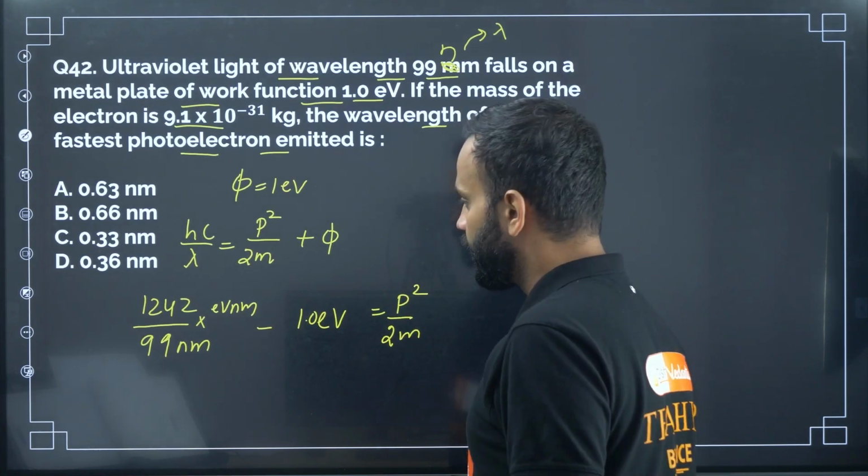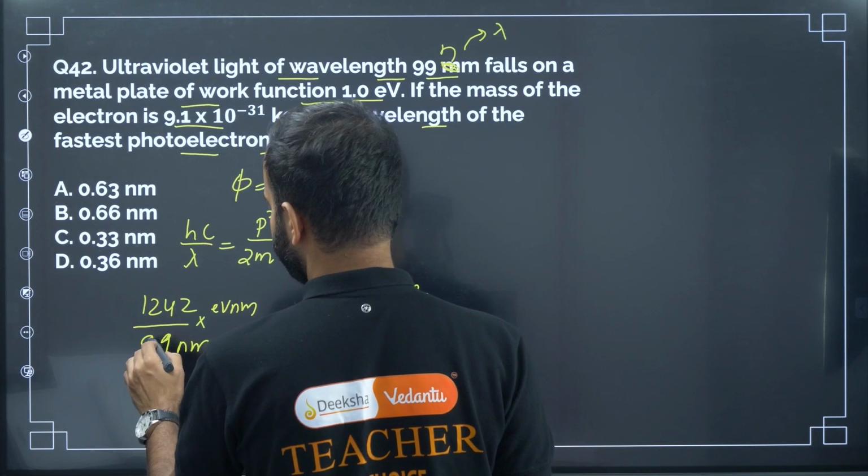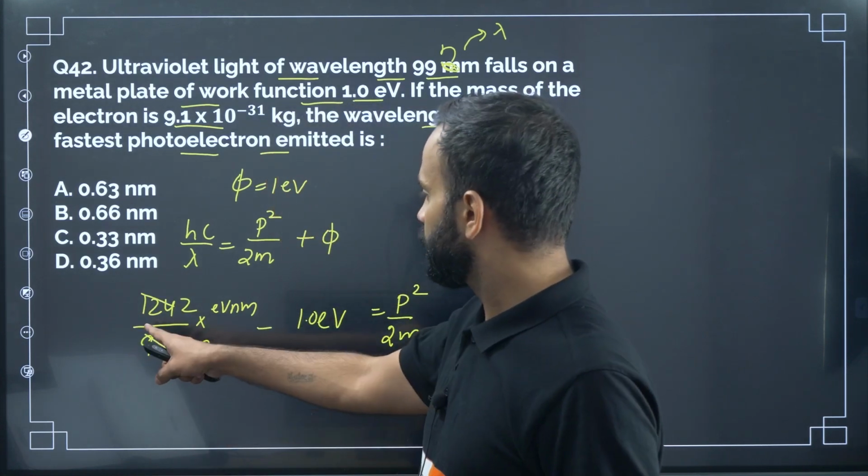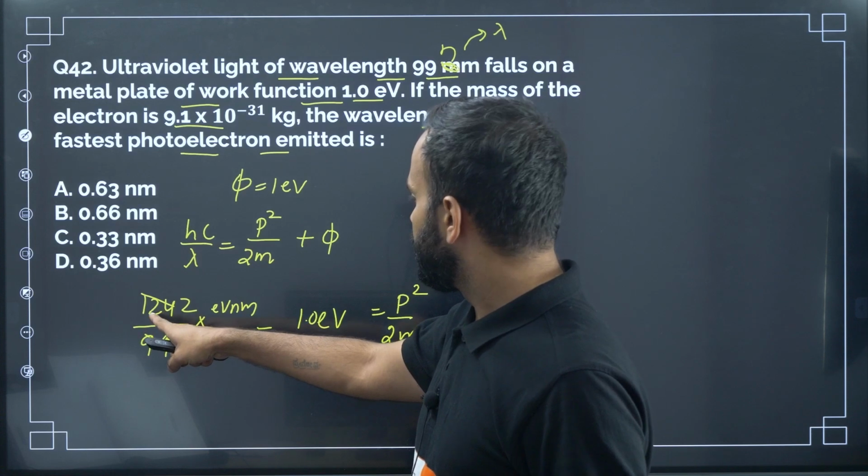So now this will be approximately equal to 1.242 electron volt.